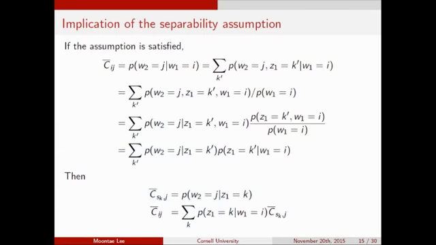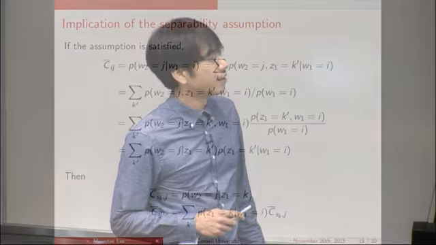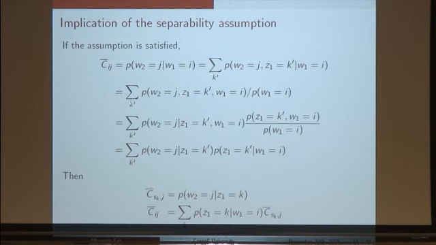So if I have an anchor word, this is one of the main inference questions: how to find it. C bar ij is a row-normalized version of the word-word co-occurrence matrix. So now it's a conditional probability: given observing one word, what's the probability of observing another word?